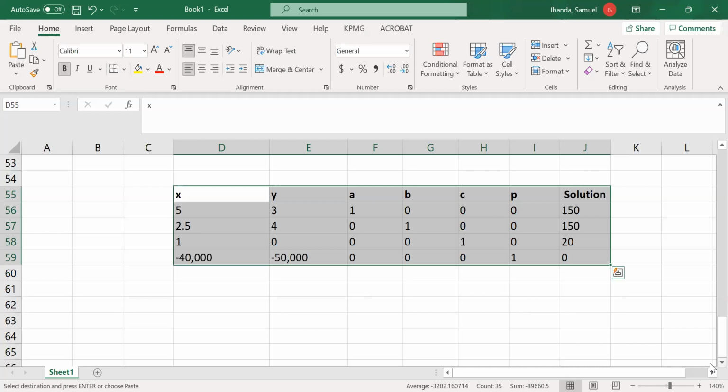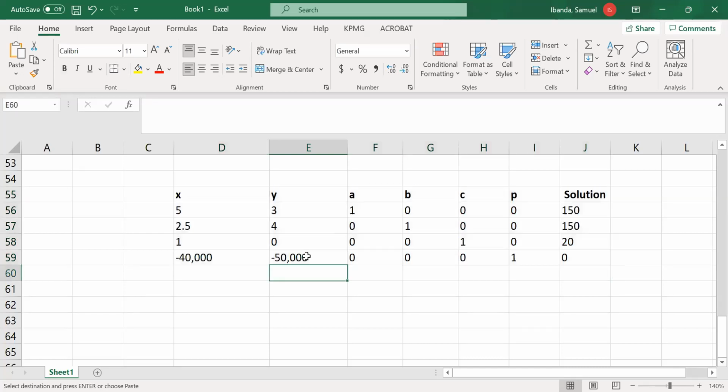Now, when you have this first W, the next thing you're going to do is look at the W and choose what has the higher negative. So the higher negative is at this point. This is the column that has the higher negative, this one.